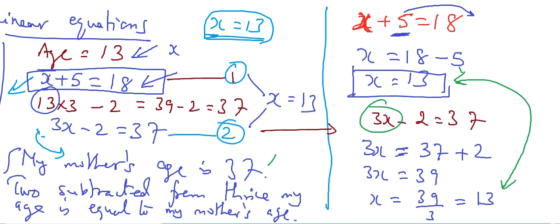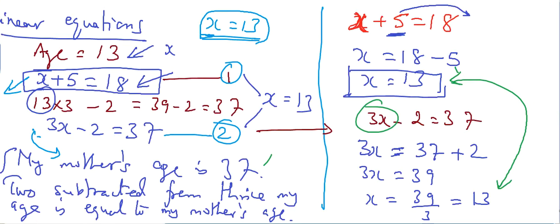We got x as 13 in these two equations. Let's take the equation x plus 5 equal to 18. What is LHS? 13 plus 5, equal to 18. So that's equal to RHS. Therefore 13 is a solution.